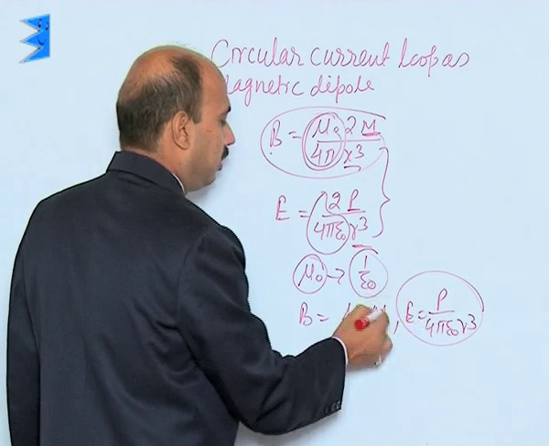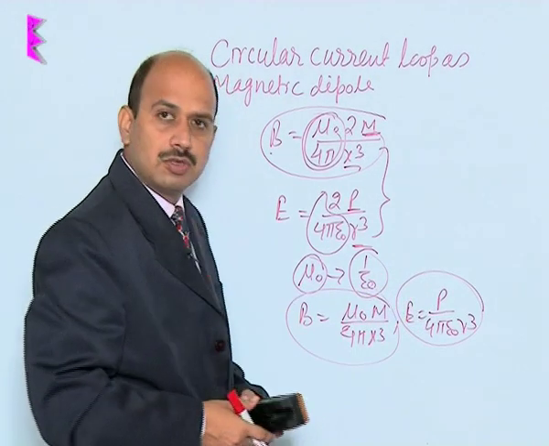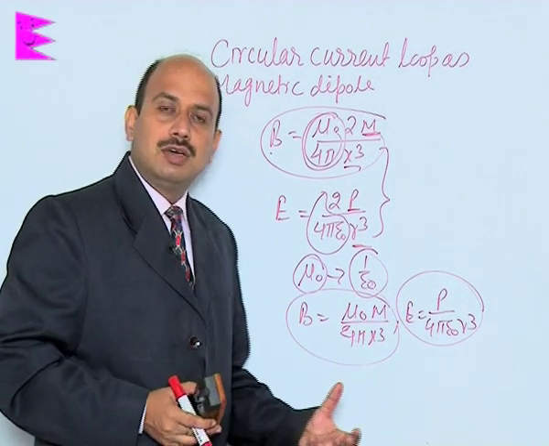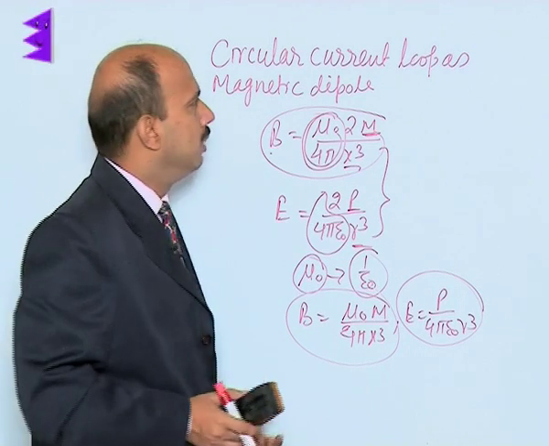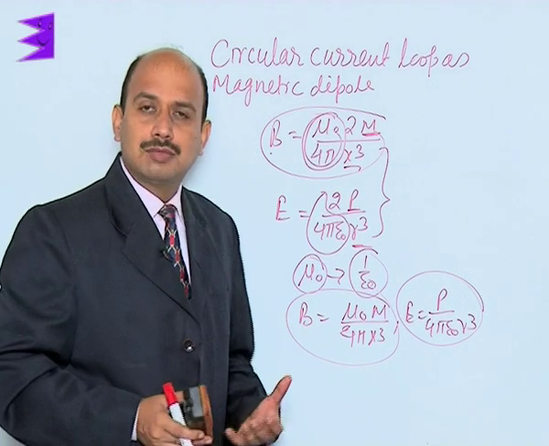So again there is a similarity between these two expressions. This is the similarity between the magnetic dipole and the electric dipole, and we also know that the current carrying loop behaves as a magnetic dipole.